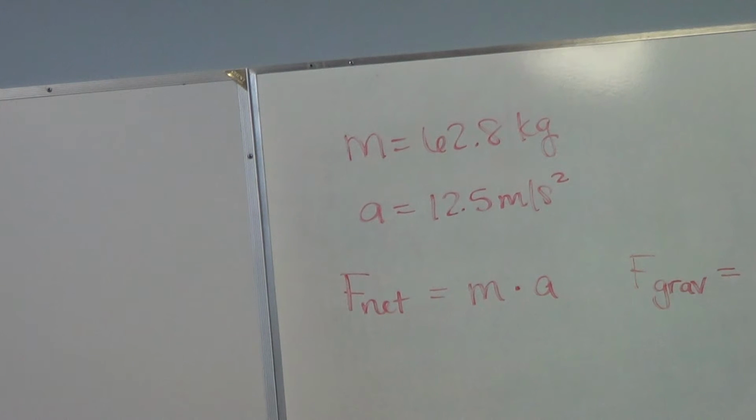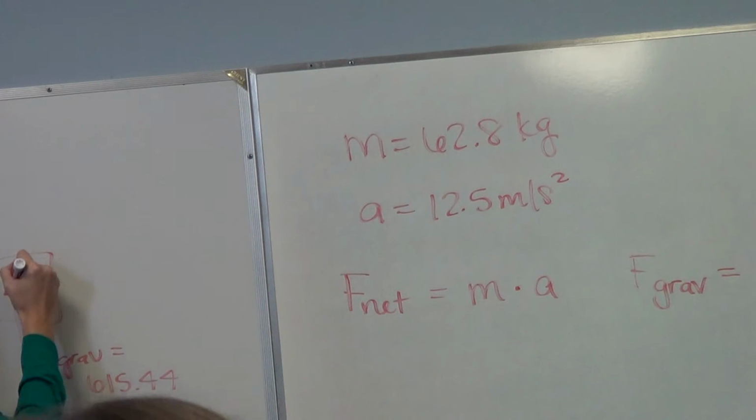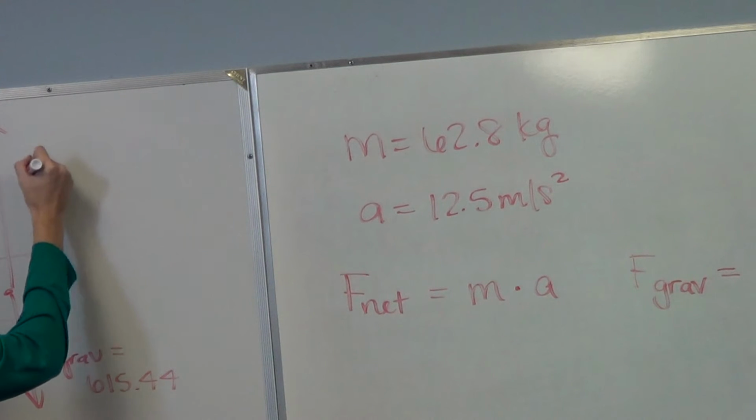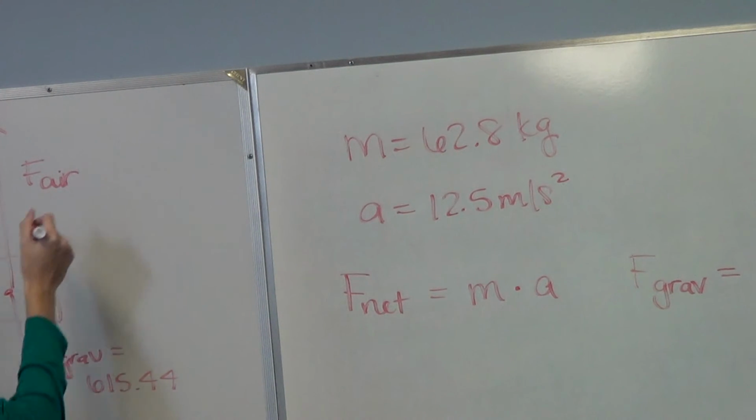Do you subtract from each other? Right, because if you have, what did you guys get for gravity? 615.44. Is that what you all got? Okay. And then the air resistance, we don't know.